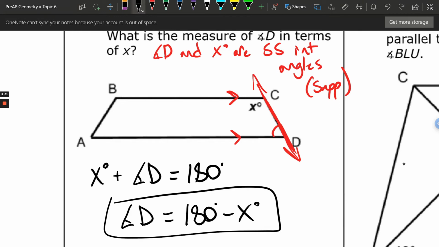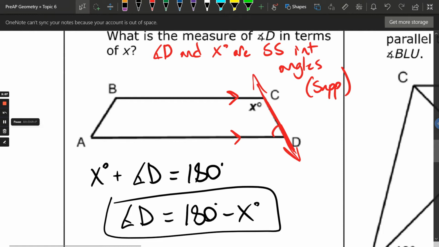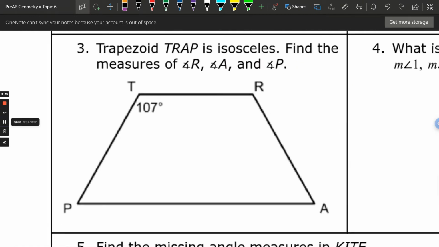Once again, just like last time, you can pause this video at any point, and just be aware this key is also on Canvas. Let's do another trapezoid. Example 3 says trapezoid TRAP is isosceles. Before I move on with the problem, if it's isosceles, then we should add some things to my picture.